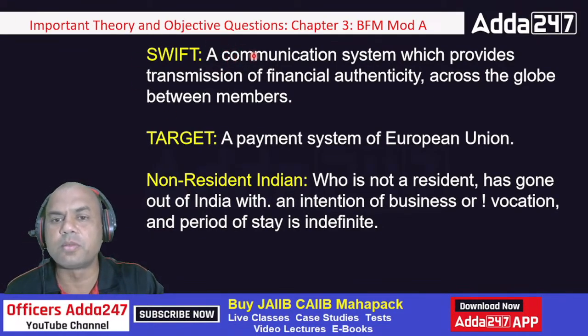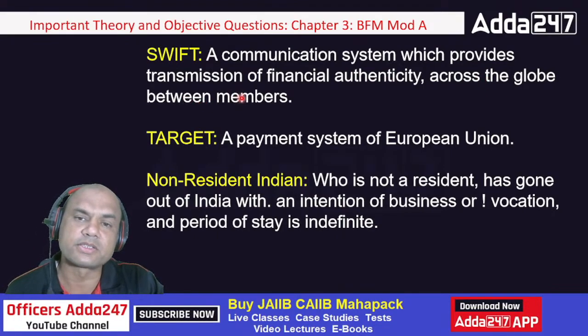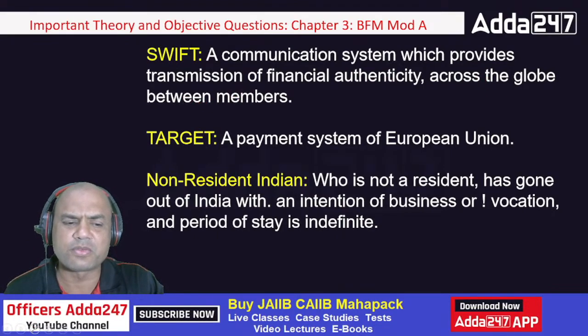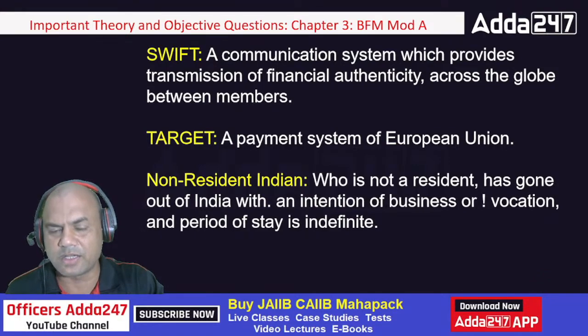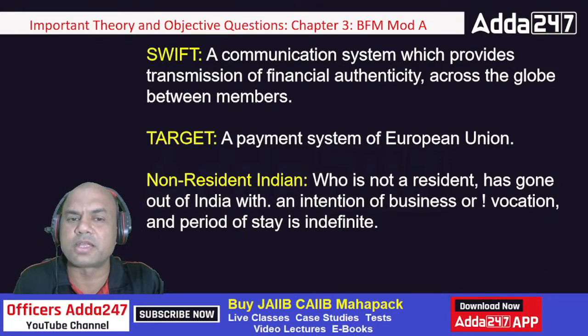SWIFT is a communication system which provides transmission of financial authenticity across the globe between the members. You might know the full form also, you might have studied this in JAIIB. SWIFT stands for Society for Worldwide Interbank Financial Telecommunications.